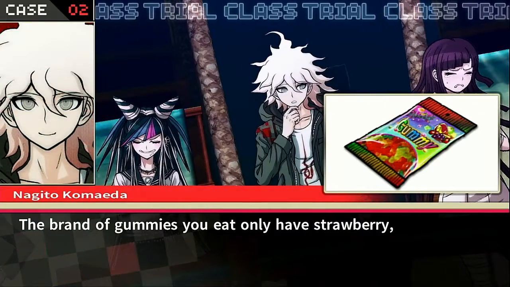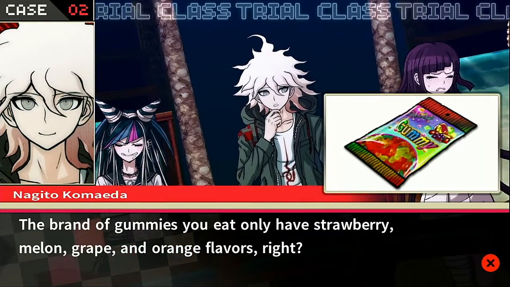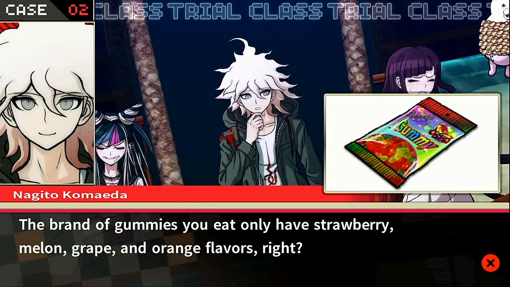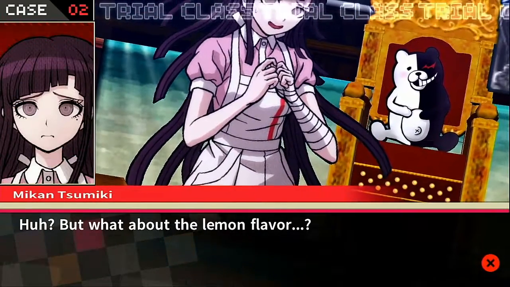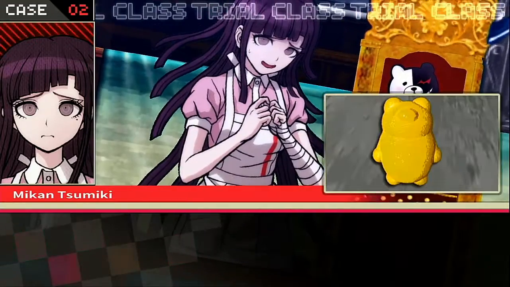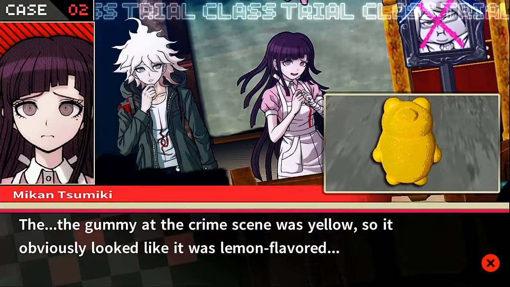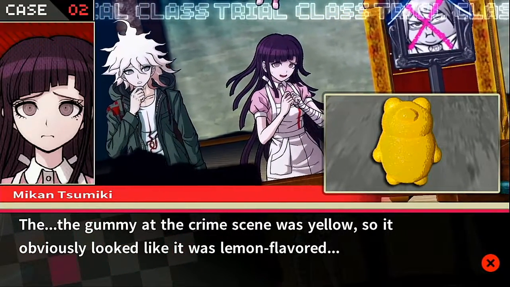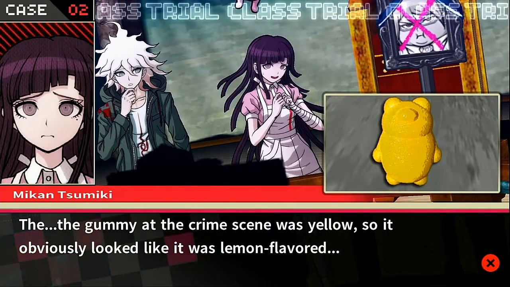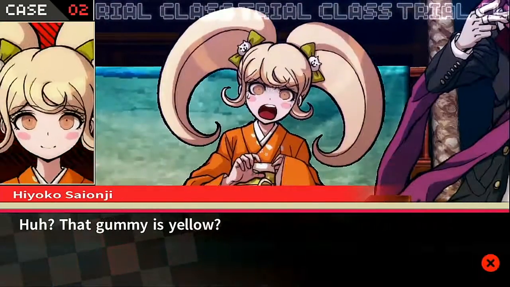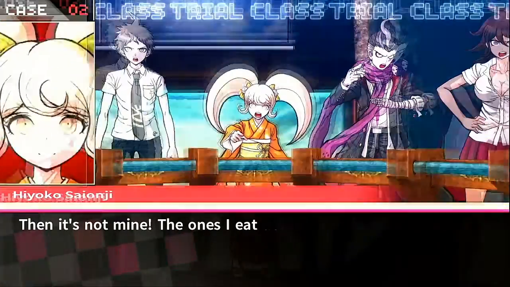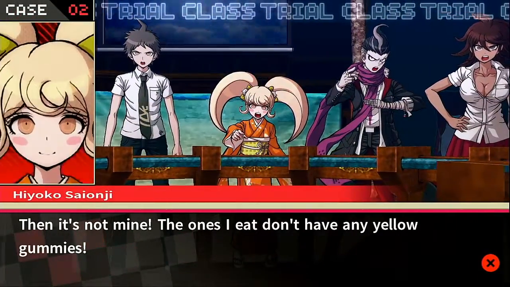The brand of gummies you eat only have strawberry, melon, grape, and orange flavors, right? Huh? But what about the lemon flavor? The gummy at the crime scene is yellow, so it obviously looked like it was lemon flavored. Huh? That gummy is yellow? And it's not mine! The ones I eat don't have any yellow gummies!